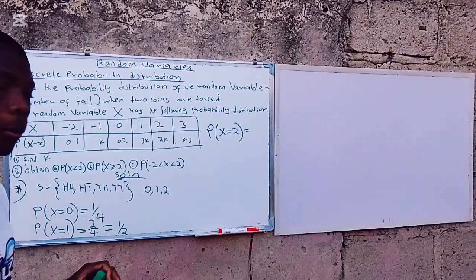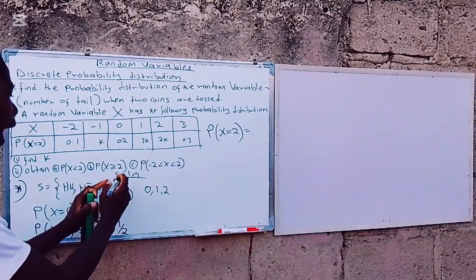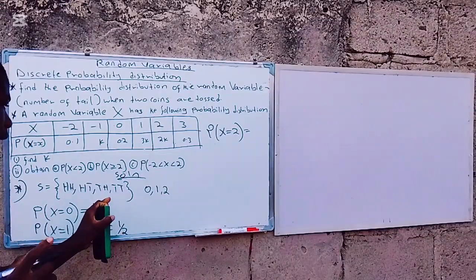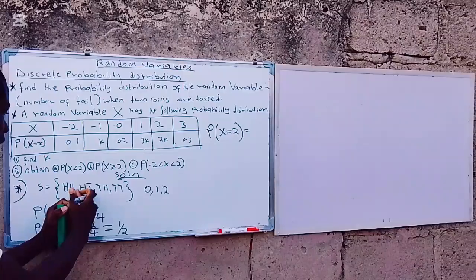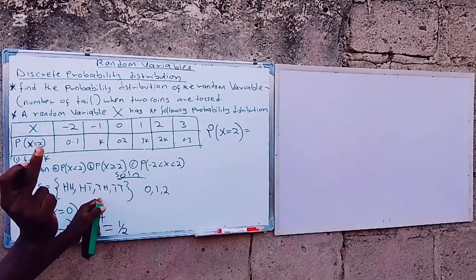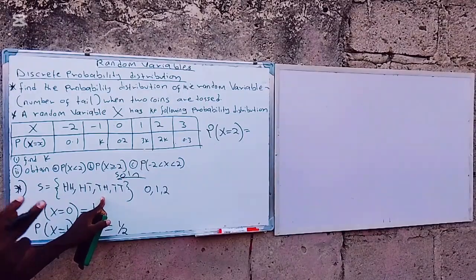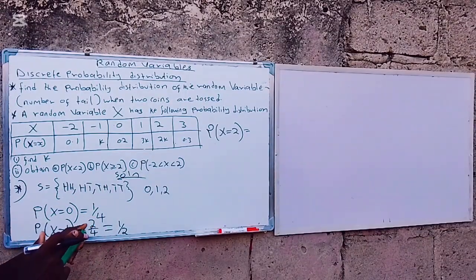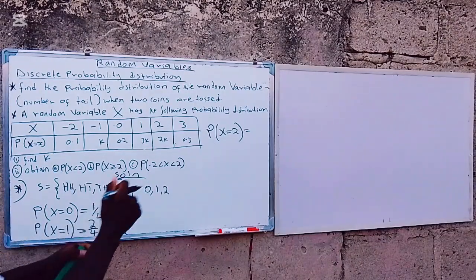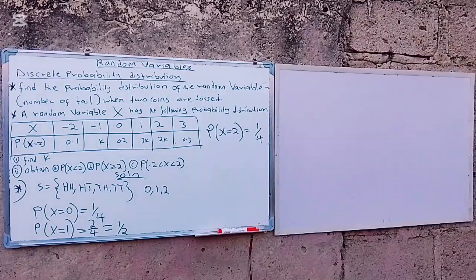I only have 2 tails in one outcome, and therefore it is the same thing as 1 over 4. So what will be the probability distribution?